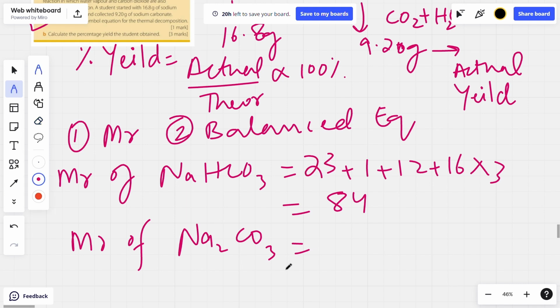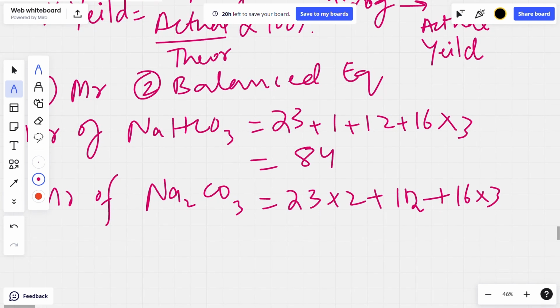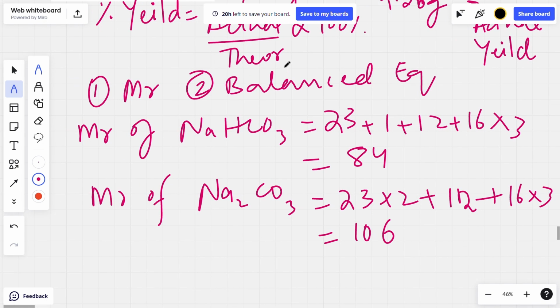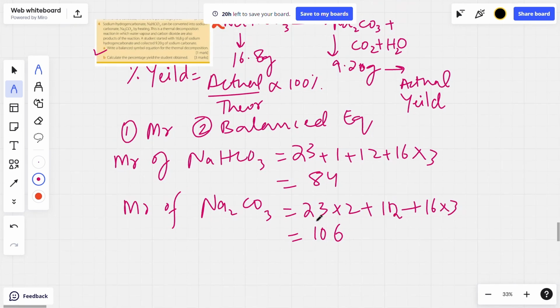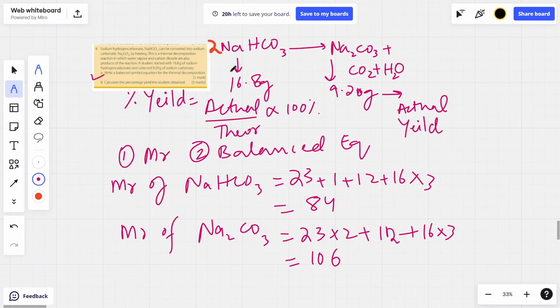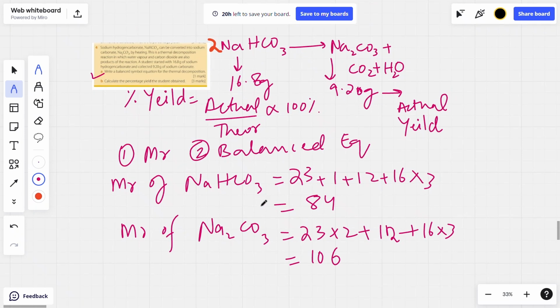Okay, so 23 multiplied by 2 plus 12 plus 16 multiplied by 3. So that would be equal to 106. So the formula mass of sodium hydrogen carbonate is 84 while sodium carbonate is 106. Now we will convert the mass of the sodium hydrogen carbonate into moles.